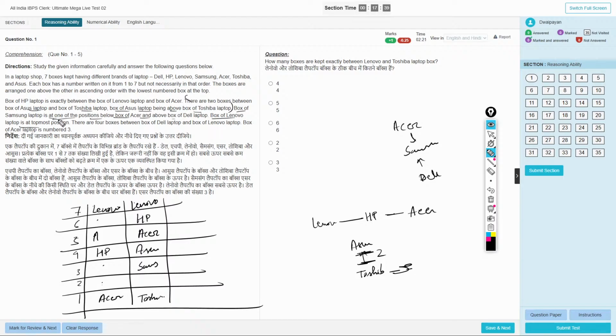The box of Samsung is at one of the positions below Acer and above Dell, and the box of Lenovo laptop is at the lowermost position. It just took way too long. So Lenovo 1, 2, HP, 1, 2, Acer.